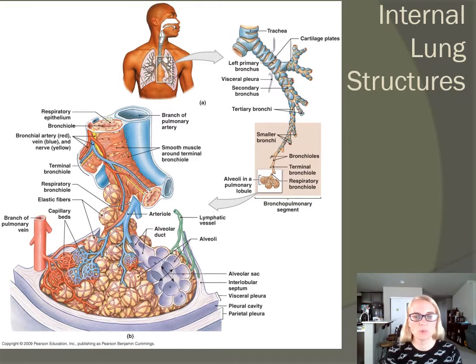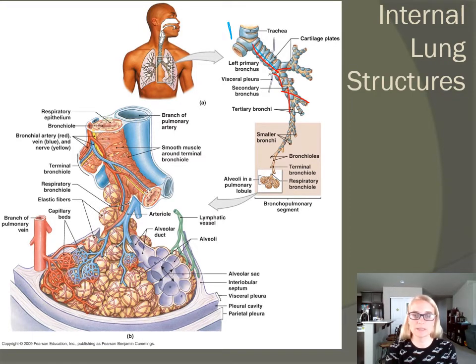Okay, so this is where we're going to pick up. We have the trachea, which branches to your primary bronchi, primary branch into your secondary, secondary branch into your tertiary, and then they keep branching.